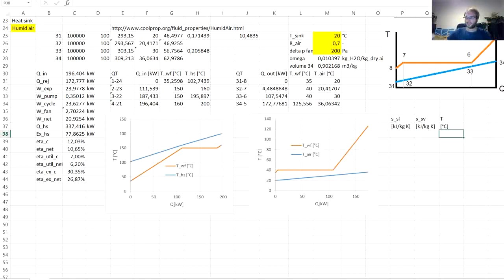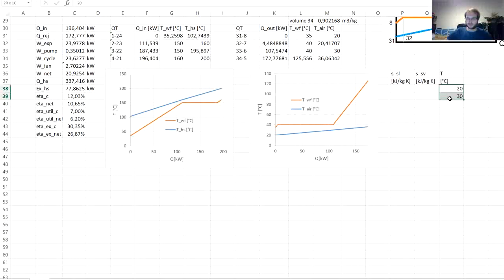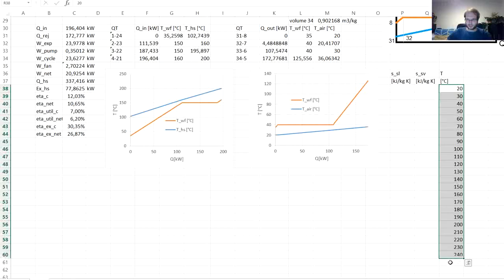Now let's have the temperature going from, let's say, 20 degrees C up to, well, let's put in up to 240. And now, or let's go to 250.